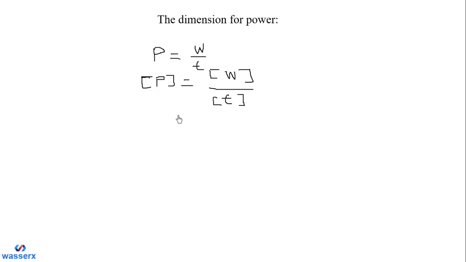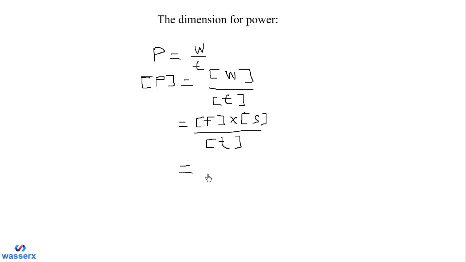Dimension for power. Power is given as work done over time taken. So the dimension for power is equal to the dimension for work done over dimension of time. Since work is the same as force times displacement, we can also write this as dimension for force times dimension of displacement over dimension of time.